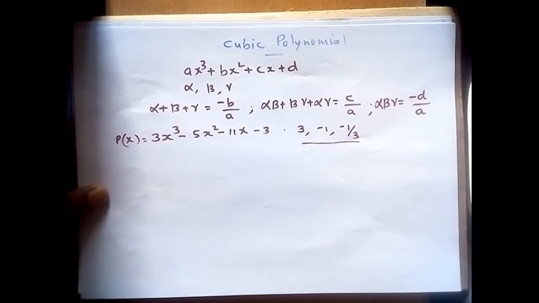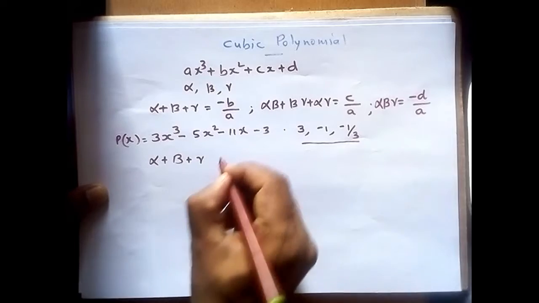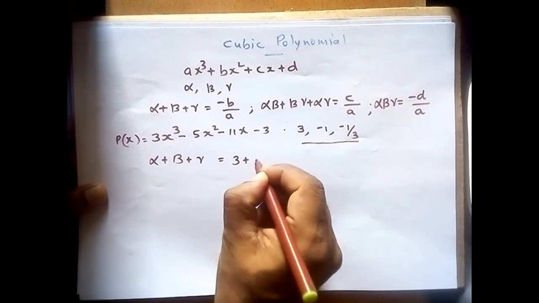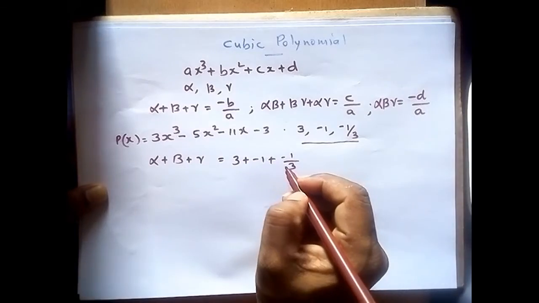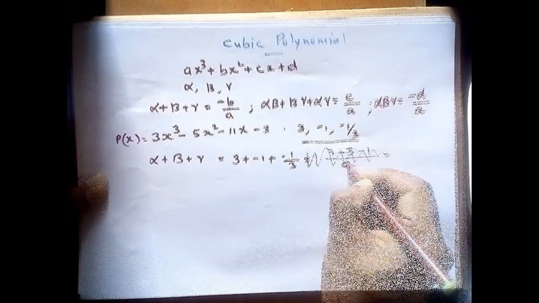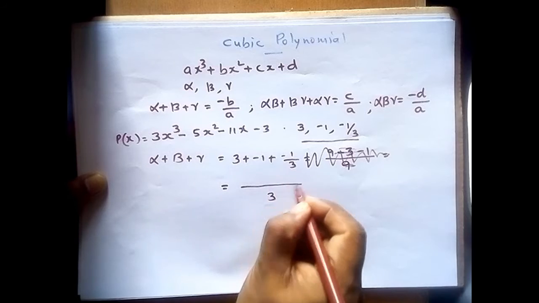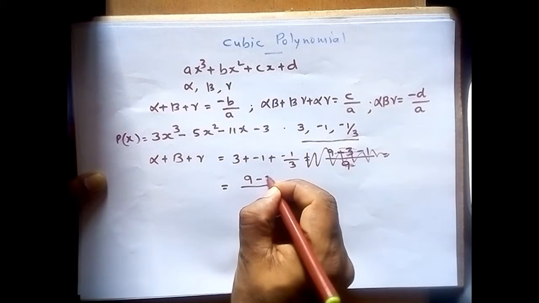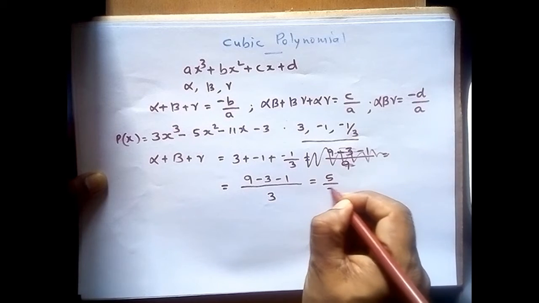Now what is alpha plus beta plus gamma? It is equal to 3 plus (−1) plus (−1/3). Taking a common denominator 3 here, it is equal to (9 − 3 − 1)/3, that is equal to 5/3.